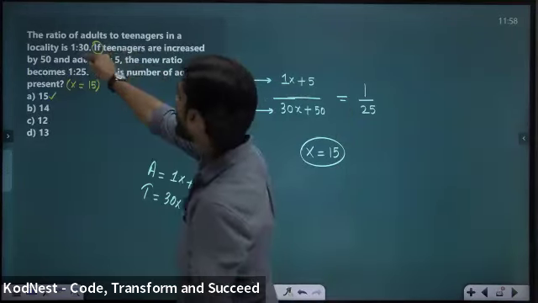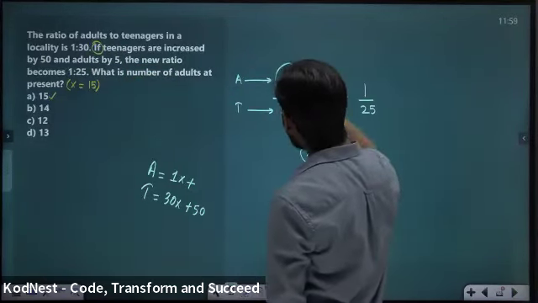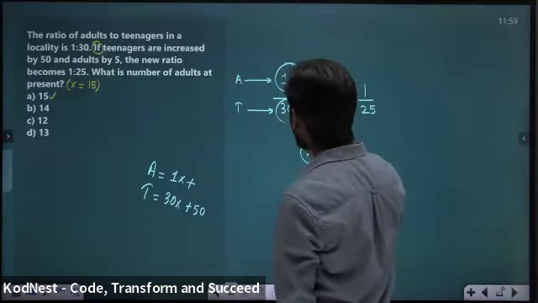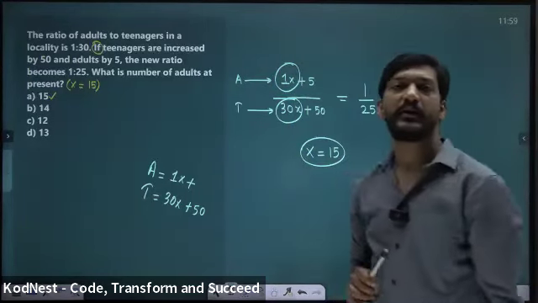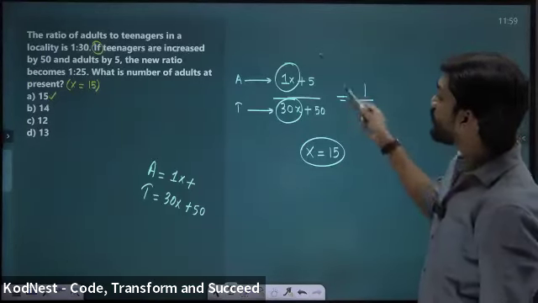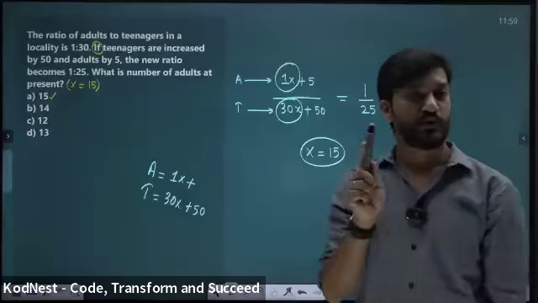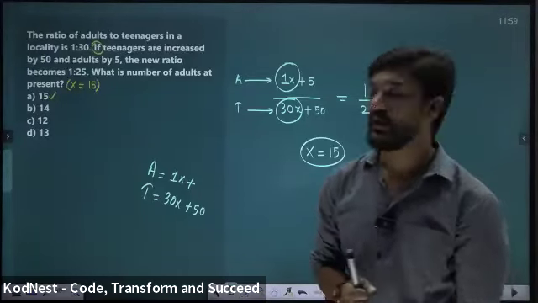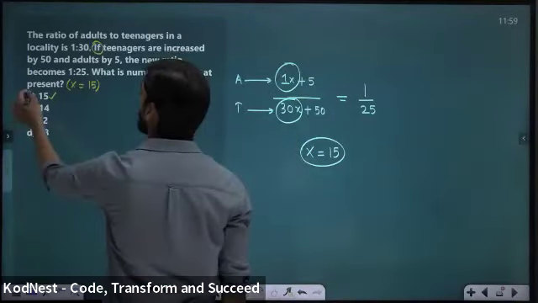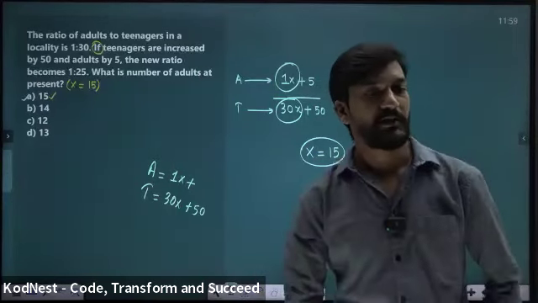You have written 1, so 1x. 30, so 30x. So 1x is the value of adults. 30x is the value of teenagers. So 1x is your answer. So when you are writing, you should know what is 1x, what is 30x. You should know it because you are writing the equation. Okay. So again, 15 is your answer. Understood the way we have to write? See, please.